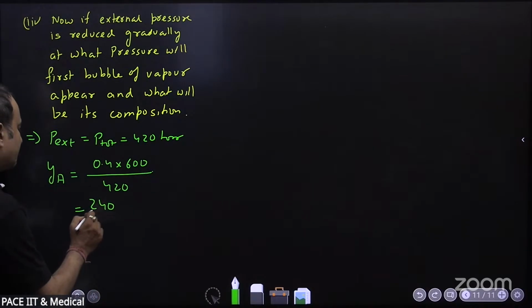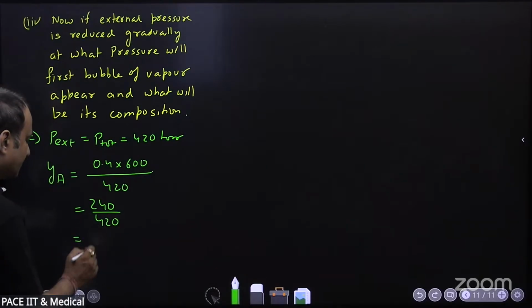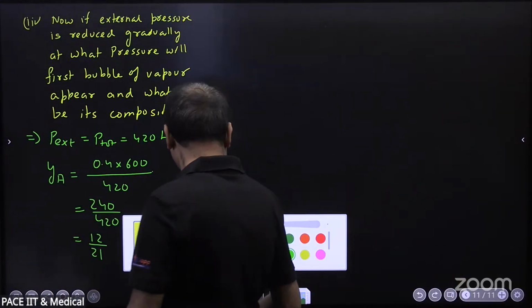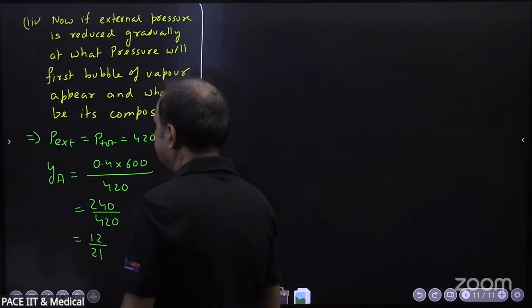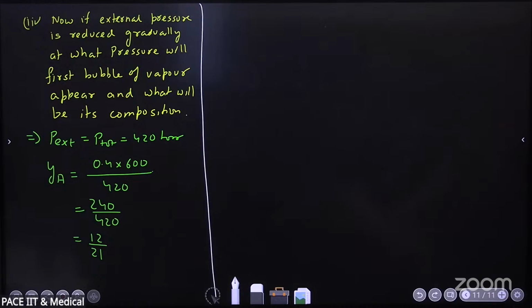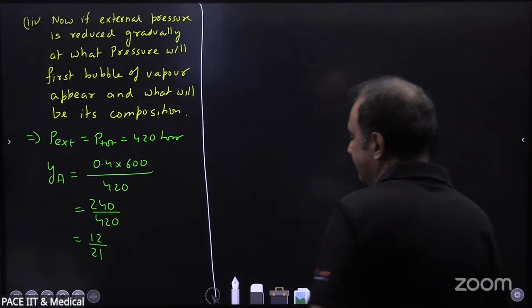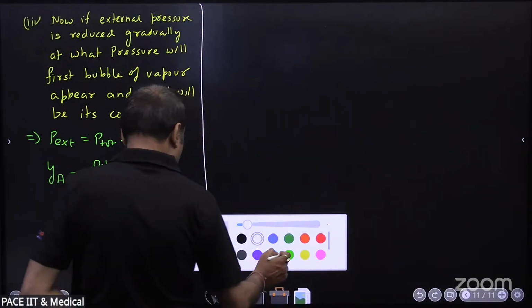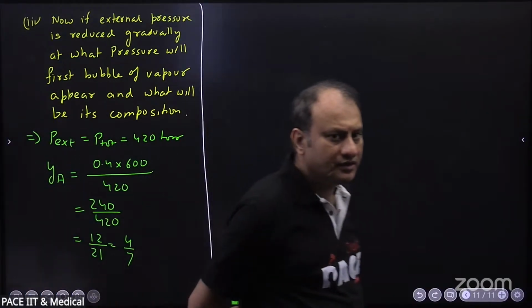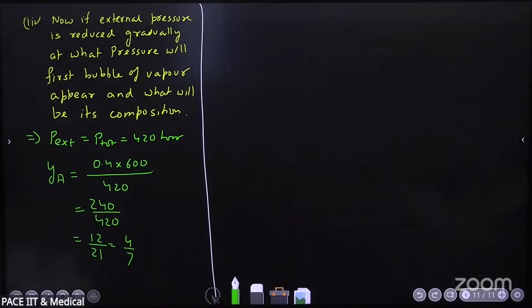So that will become 240 by 420 or 12 by 21. So in the first bubble of vapor which will appear, the mole fraction of A will be 12 by 21 and the mole fraction of B therefore will be 9 by 21. Or simplify it to 4 by 7 and 3 by 7. Correct?